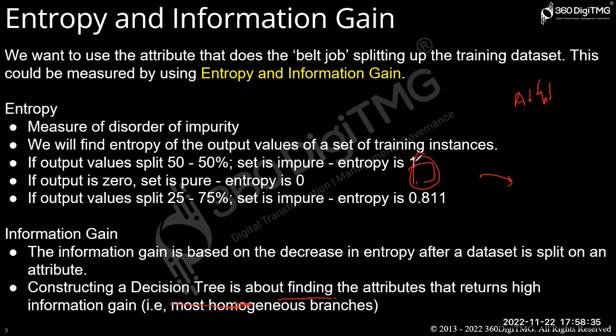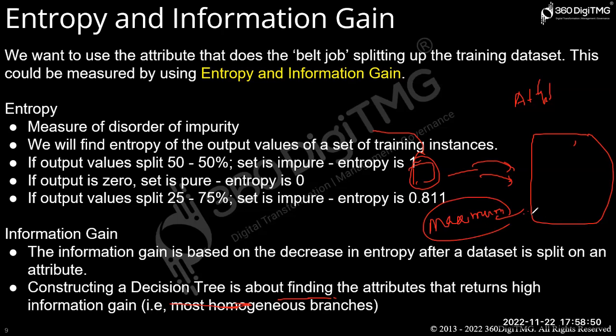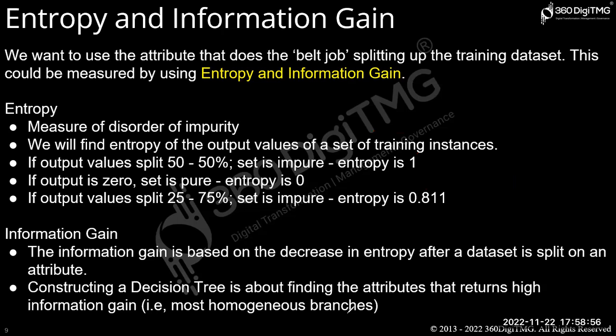Before split, it will be the same for all, but after split, entropy will change. We find that difference for each and every attribute. Wherever we get the maximum, that means it is giving maximum information. Like that, we come up with the best root node.